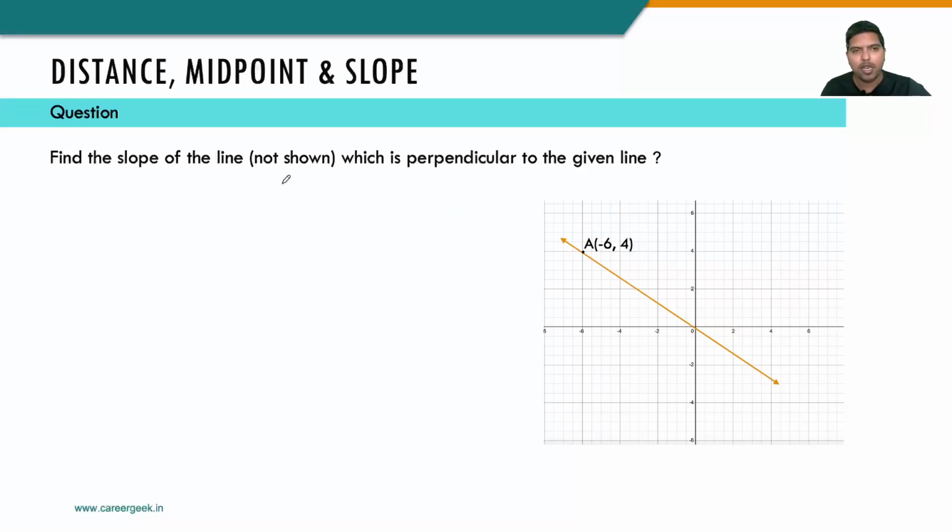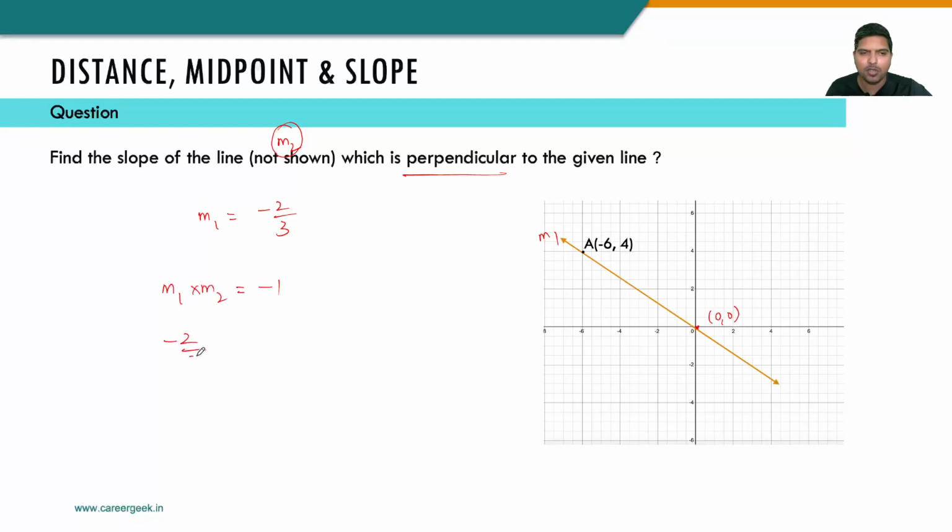Okay, the same line and the same points. Let's say the line is perpendicular. If this is slope 1, we have found out the slope m1 is -2/3, and the not shown one, let's say that is m2. What is the condition for perpendicular lines? m1 multiplied by m2 is -1.